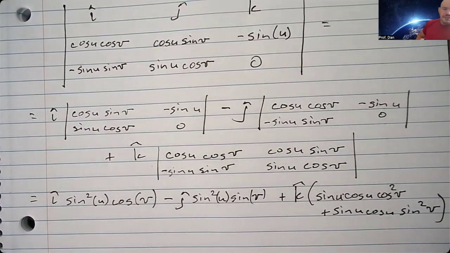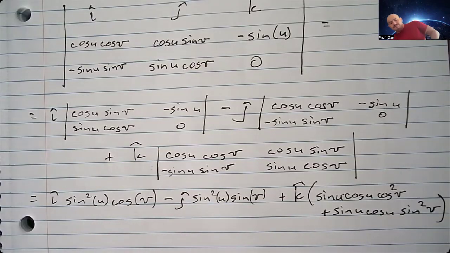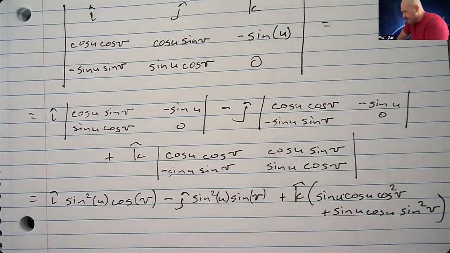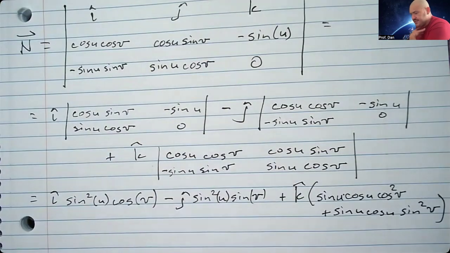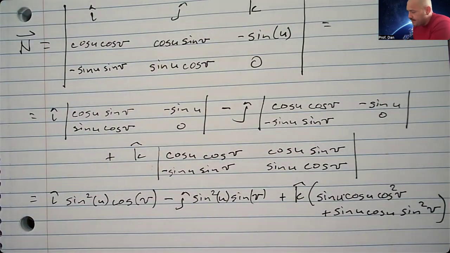So looking through these, we do know that we are going to have to take the magnitude of our normal vector. So this is our normal vector in terms of the parameters u and v.